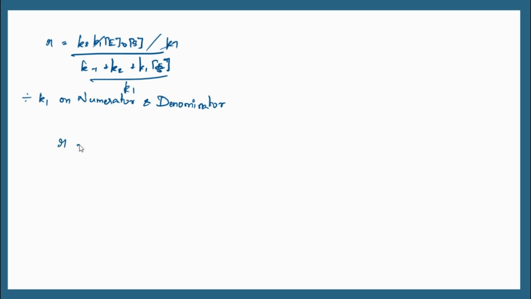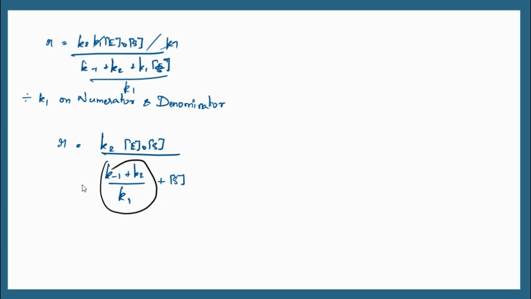So rate will be equal to k2 concentration of E naught into concentration of S, by k minus 1 plus k2 by k1 plus concentration of S, okay? Now this value, k minus 1 plus k2 by k1, is what we call the Michaelis Menten constant.